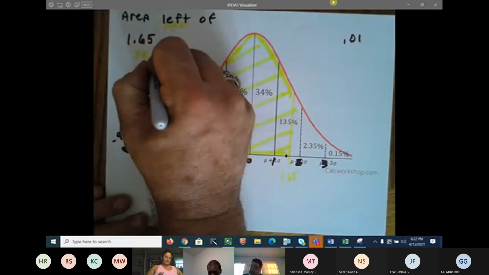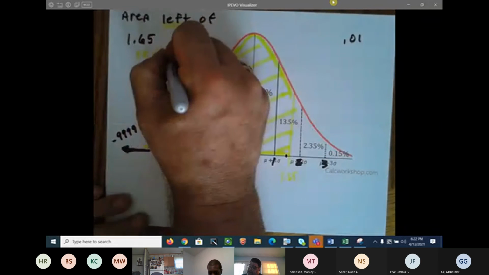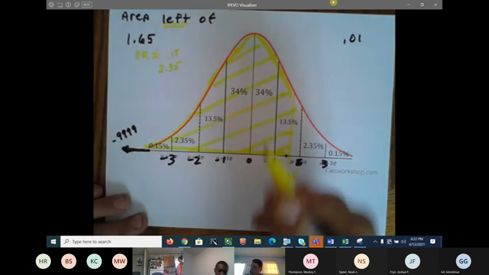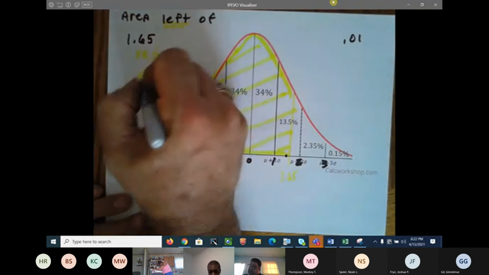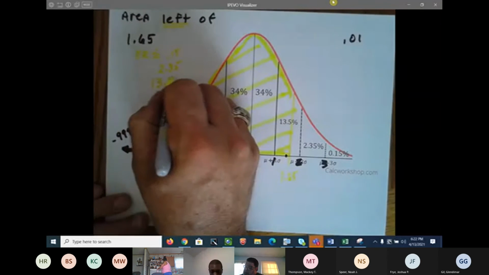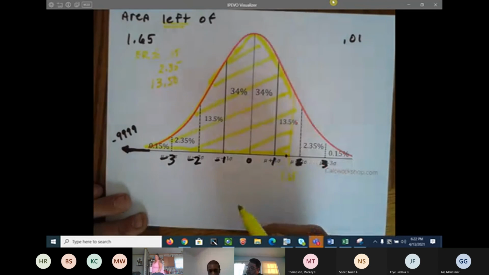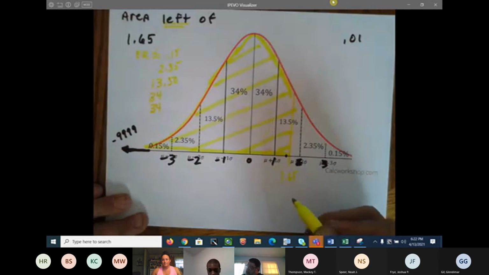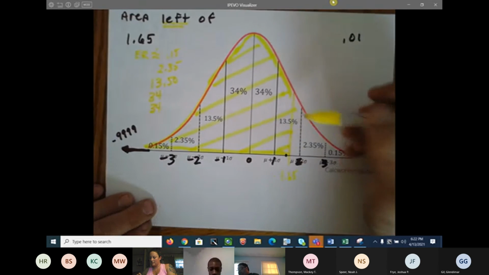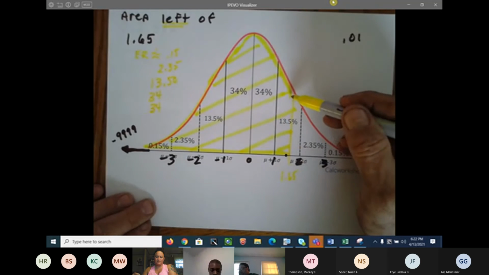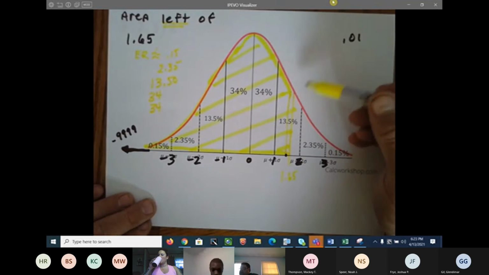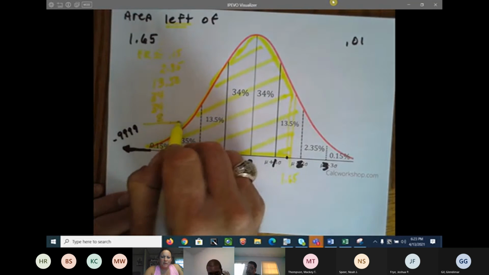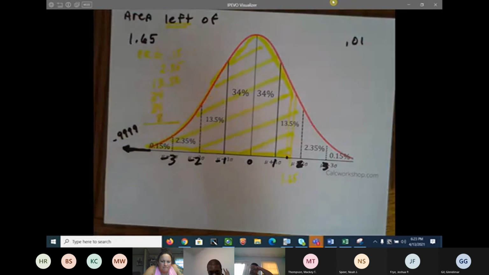Empirical rule: 0.15, 2.35, 13.5, 34, and I'm going to call this half of 13.5, which is 6.75. So I'm going to say this is 8. And I'm going to add all those together. And that's just going to be an estimate.